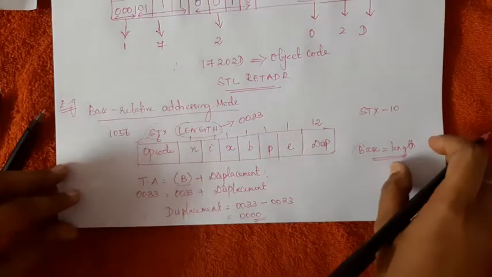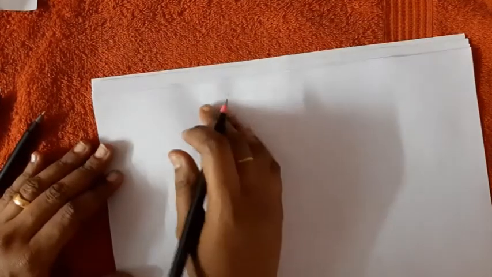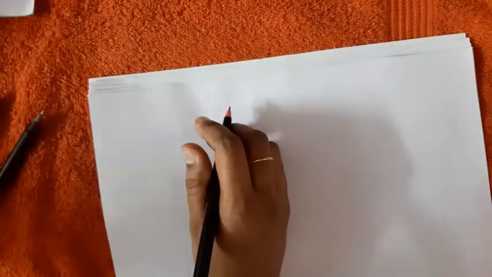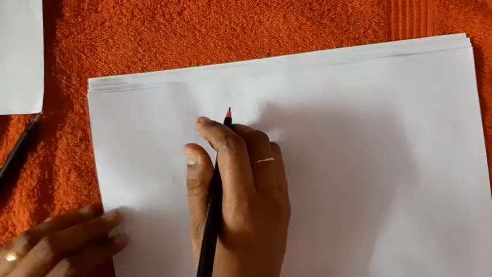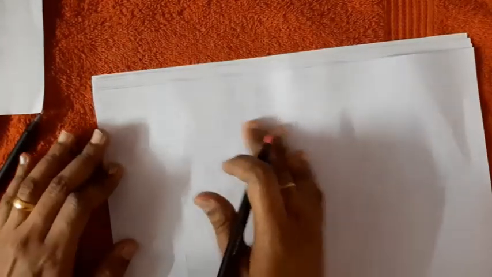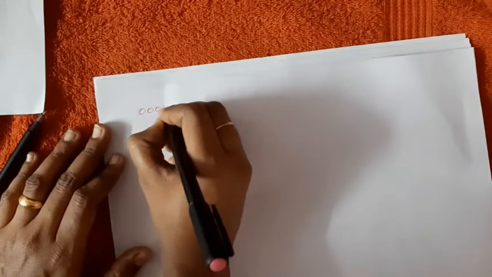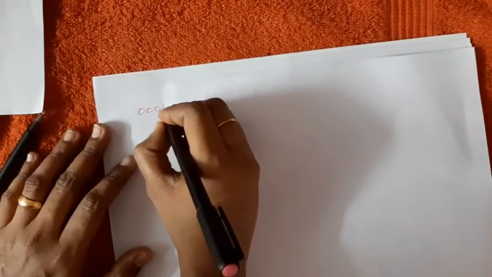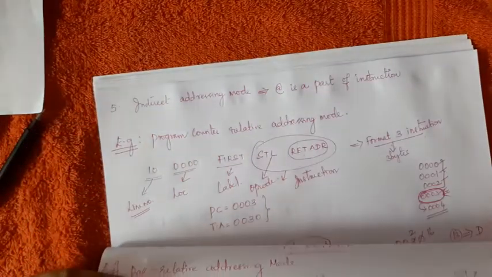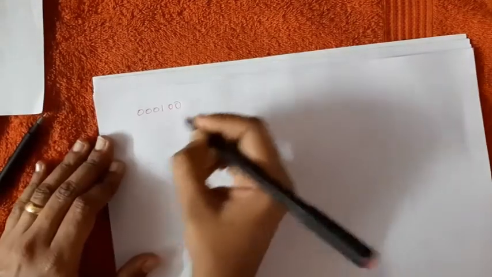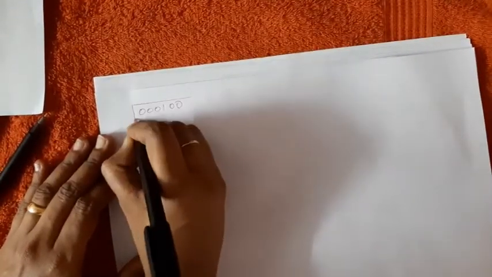Now we will draw the format for this. The opcode for STX, we have seen, is 10. So write the opcode, 0001 00, since it holds 6 bits.